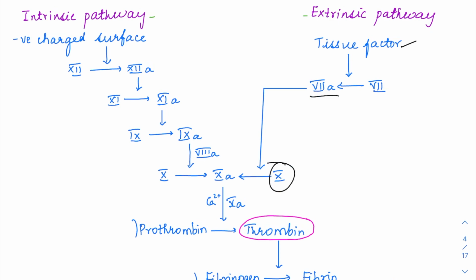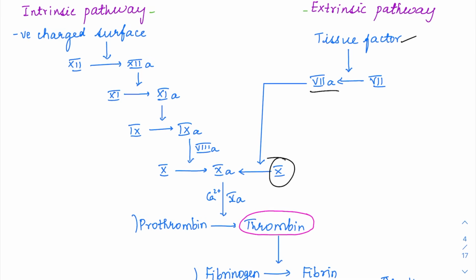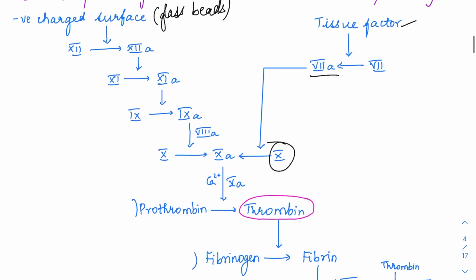Okay. In the intrinsic pathway, if you see, whenever the clotting factors come into a negatively charged surface, like glass beads, as we use in the in vitro testing, in this kind of scenario, factor 12 is the initial factor in the intrinsic pathway. So this factor 12 is getting activated. This is an autocatalytic chain resulting in the activation of factor 11, then factor 9, then with the help of factor 8, the final product, factor 10A, is going to be formed.